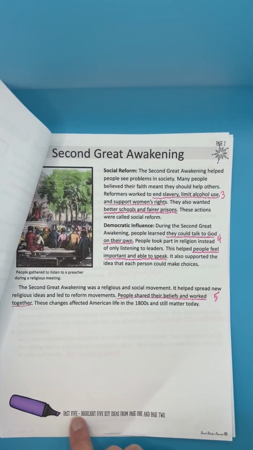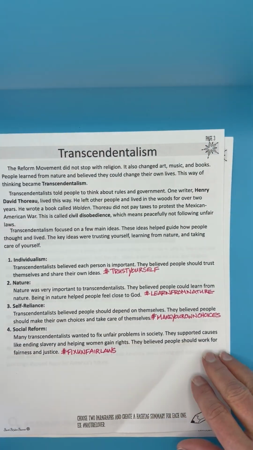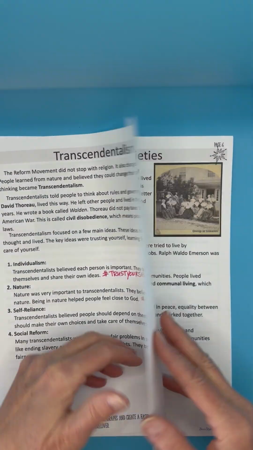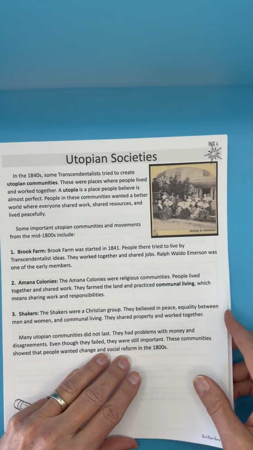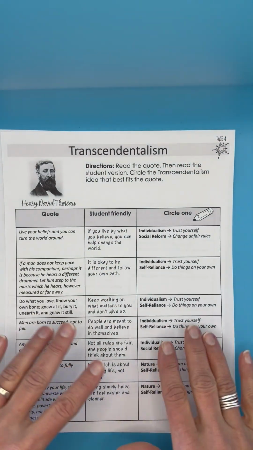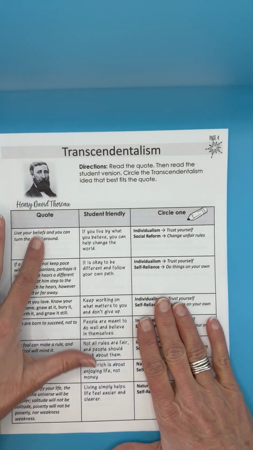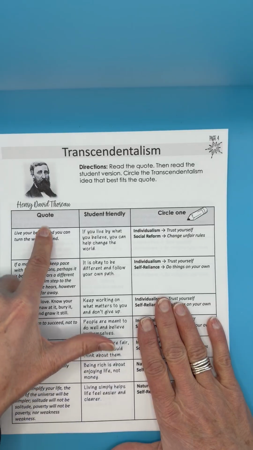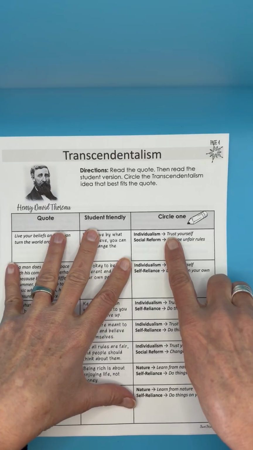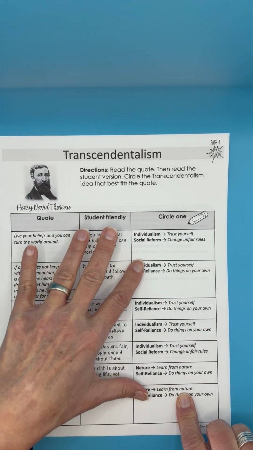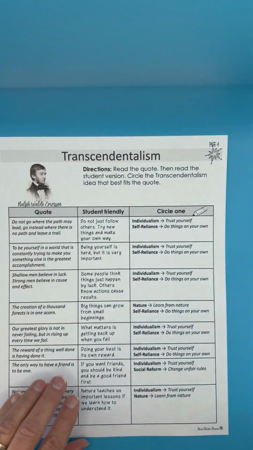They have the same directions as the traditional lesson, and they also have, in one point, a version that's a little more doable for students who might have a hard time with these primary source quotes. In this case, this is laid out a little bit differently. Here's the actual quote, here's the student-friendly version, and then there's just an option to circle one of those. So that makes that a little more accessible for some students.